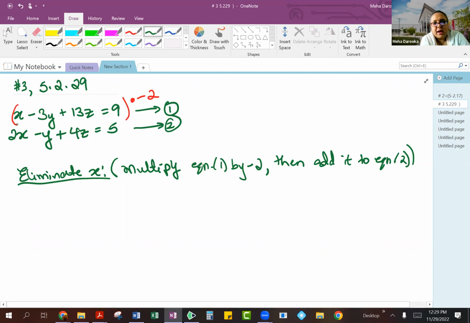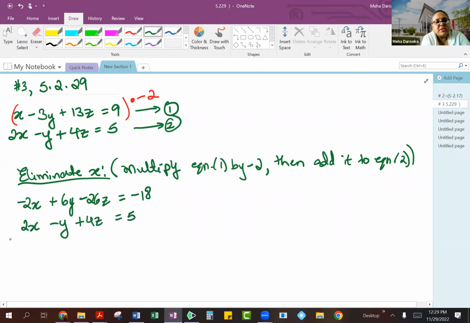Your negative 2x looks good. Negative 2x, and then negative 3y times negative 2 will be positive 6y. Jen, I think that looks good. Of course, positive 13z with negative 2 will end up becoming negative 26z. And then on the right-hand side, 9 times negative 2 will give us negative 18. We're keeping the second equation as it is.